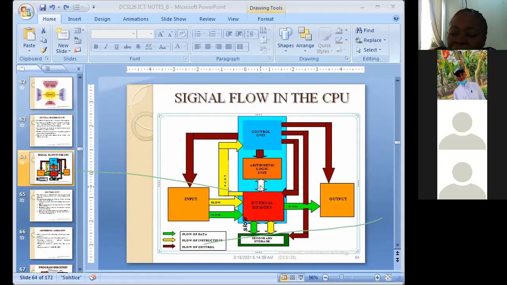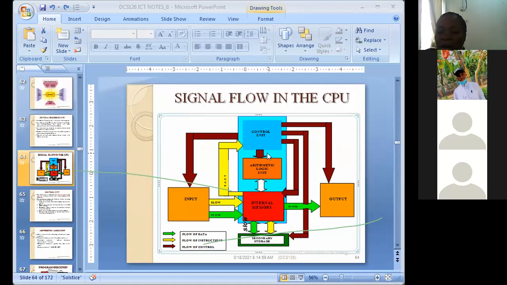And then it goes back up to do all the calculation and processing. Now, when it is done processing, the same ALU will return to the internal memory through this same signal flow. It will signal again that I'm done. I've finished this processing. I've done the arithmetic. I've done the calculation. Now here is the result. Internal memory, receive it and store it. So that's why you have this arrow pointing up and down.